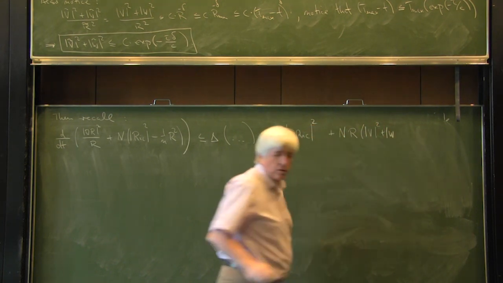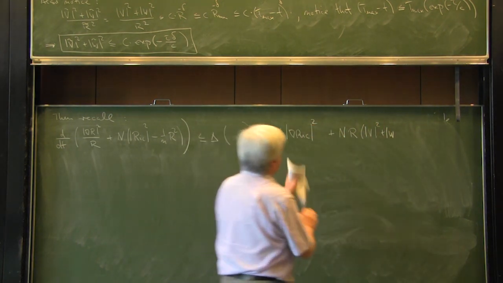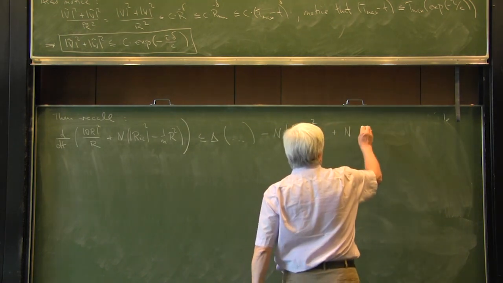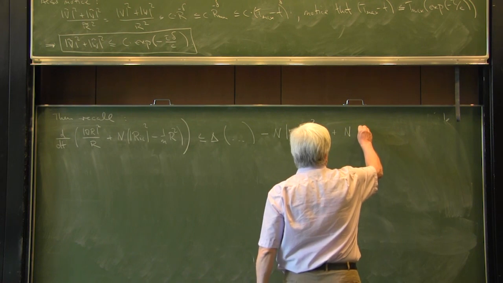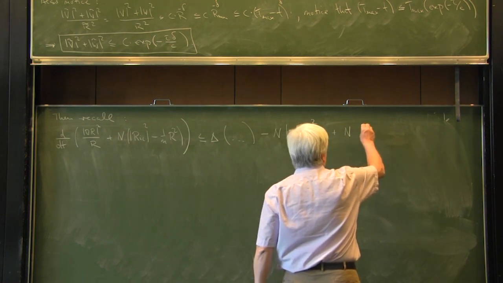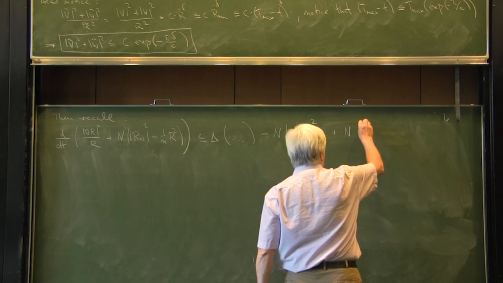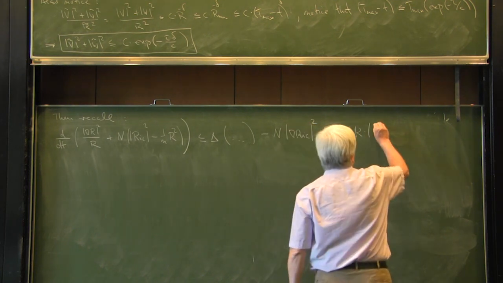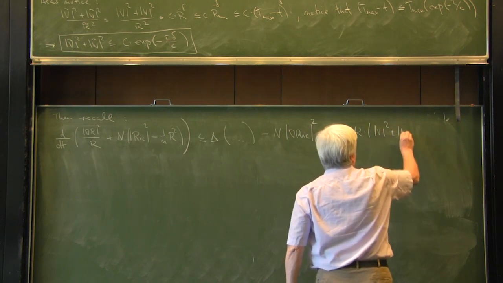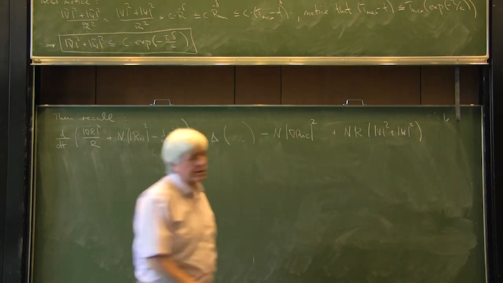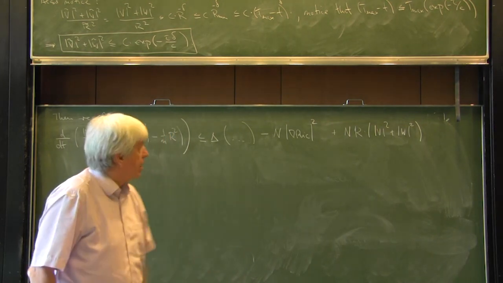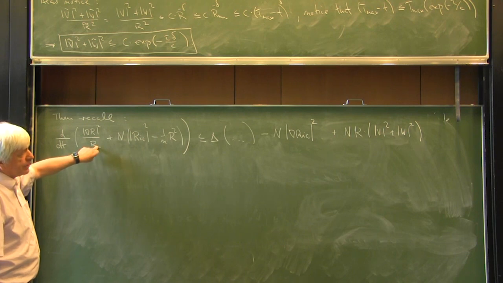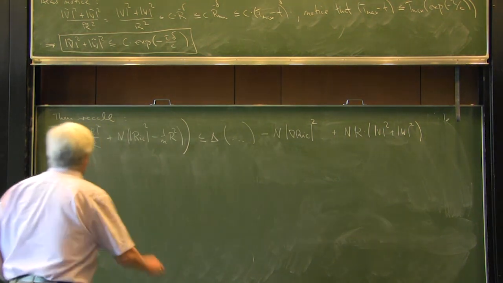We could estimate all that on the right-hand side by n times r times v squared plus w squared. Yeah, let's write it like this. That's what we proved. Now, how does this change as we go to the rescaled equation?